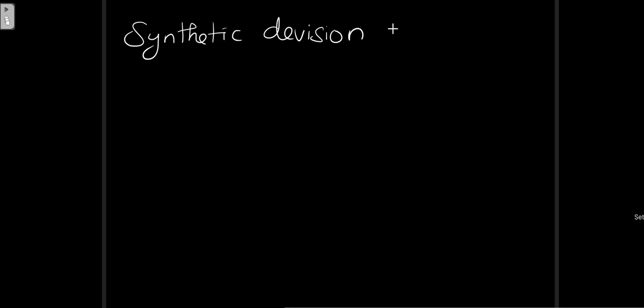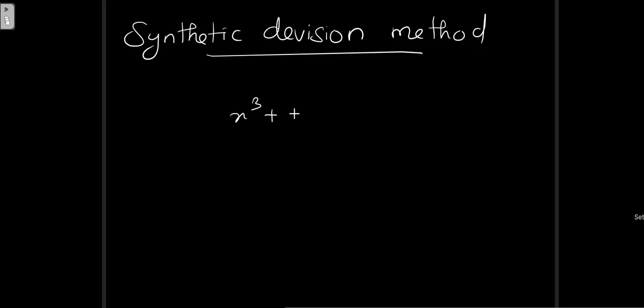Find the quotient and remainder for the following using the synthetic division method. x cube plus x square minus 7x minus 3 is divided by x minus 3.